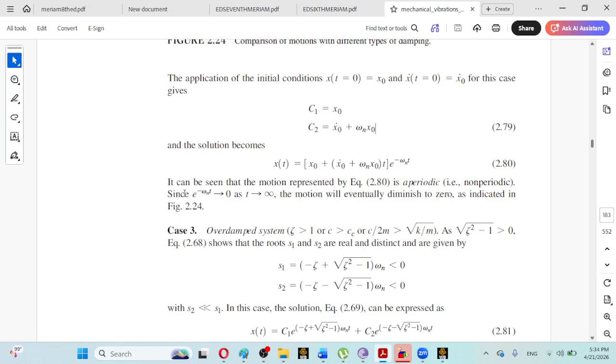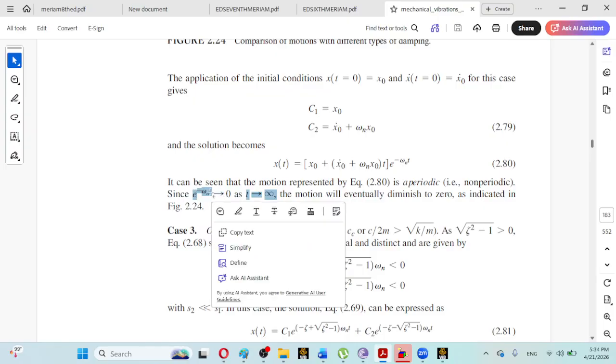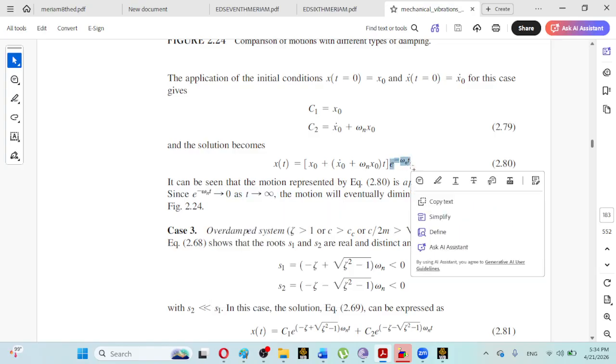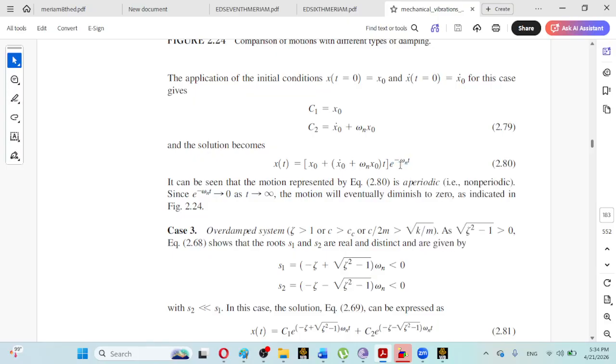It is explained that e to the power minus omega n t tends to 0 as t tends to infinity, because this is actually controlling the amplitude of oscillation.